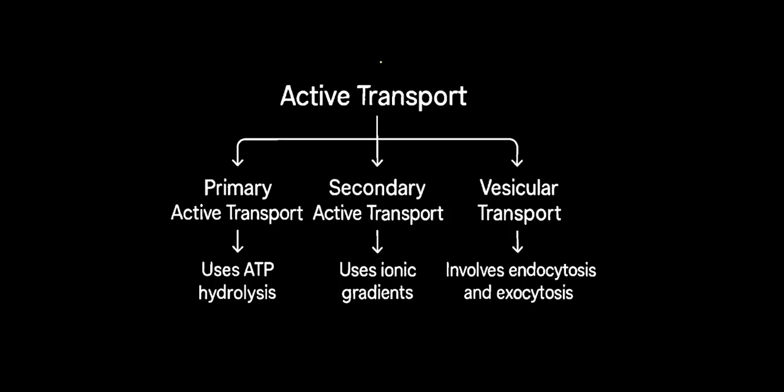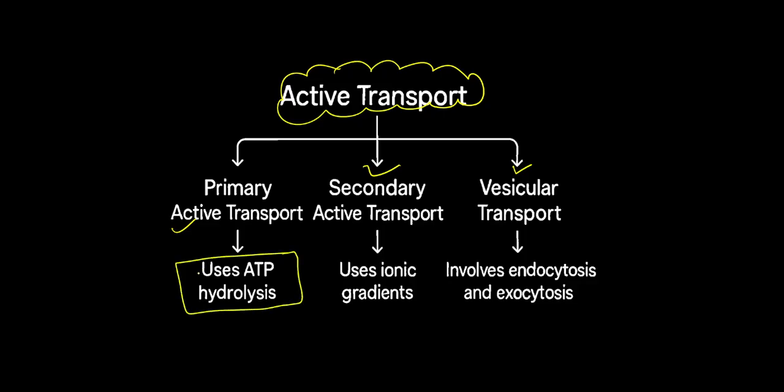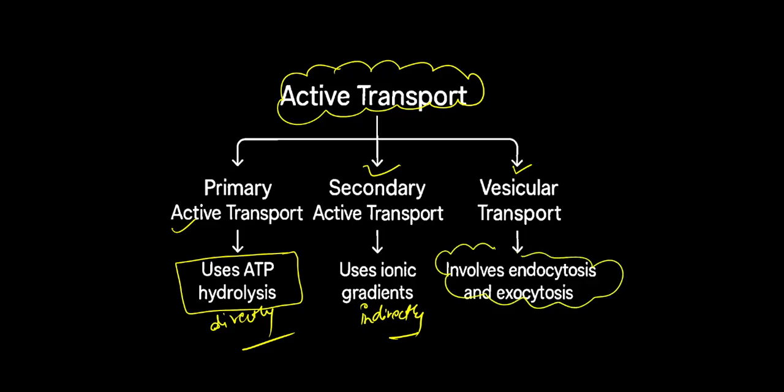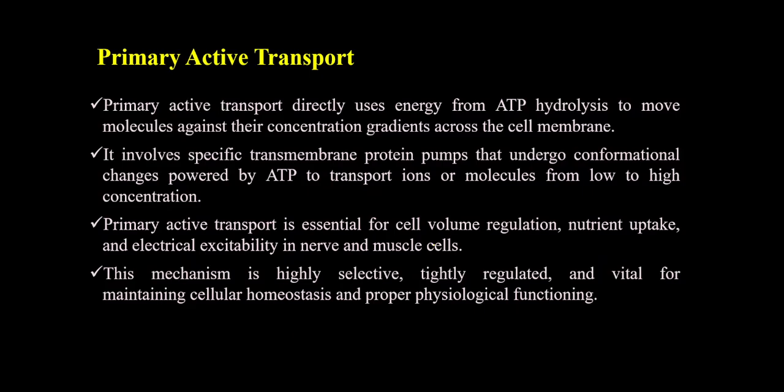So active transport is basically of three types: primary active transport, secondary active transport, and vesicular transport. Primary active transport will use ATP hydrolysis directly, and secondary will use the ATP indirectly. We will discuss this later. Then vesicular transport involves endocytosis and exocytosis.